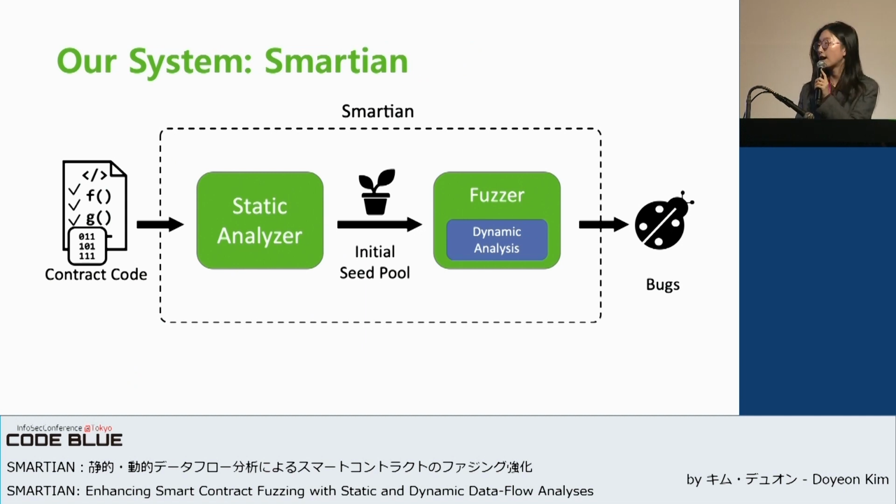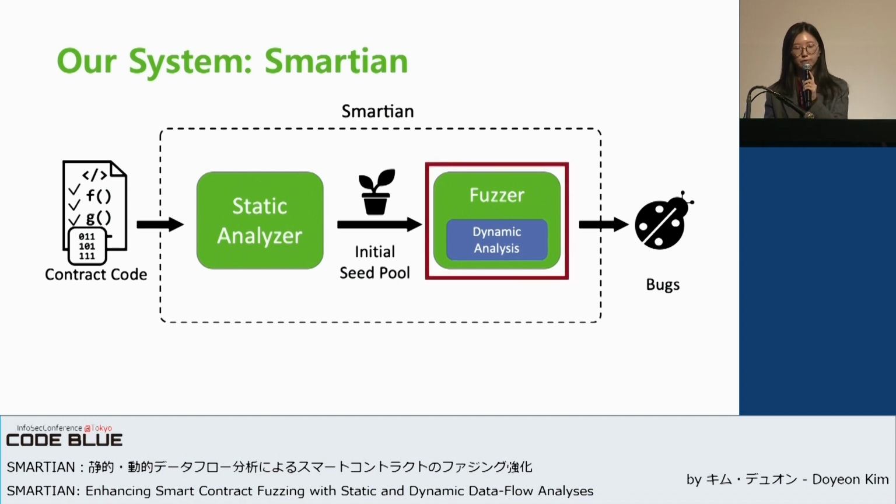So far, I have covered the static analysis module of our system. Now let's proceed to the fuzzing module of Smartian, which starts running with the provided initial seed pool.